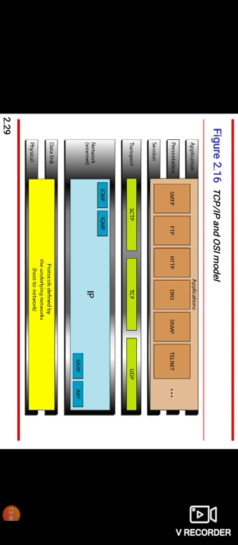Then the Transmission Control Protocol provides full transport layer services. Okay, it is a reliable stream transport protocol. Stream in this context means that it is connection oriented. So TCP is a reliable connection-oriented protocol.